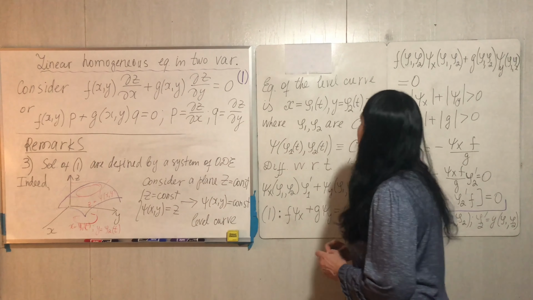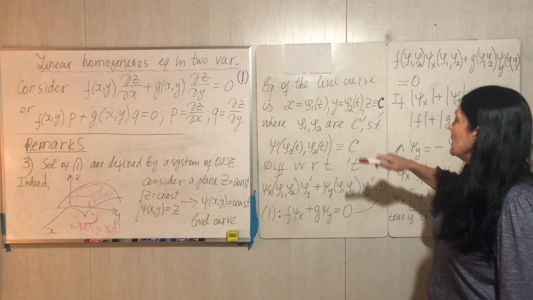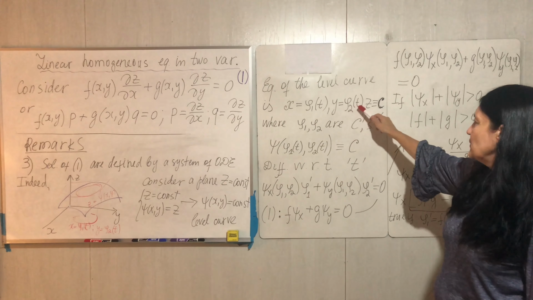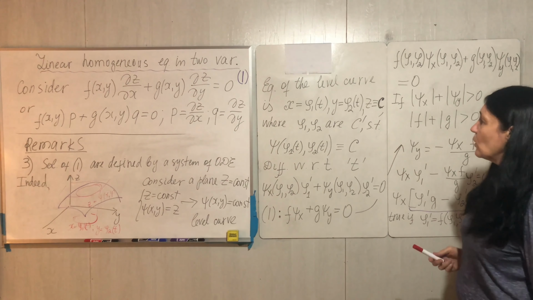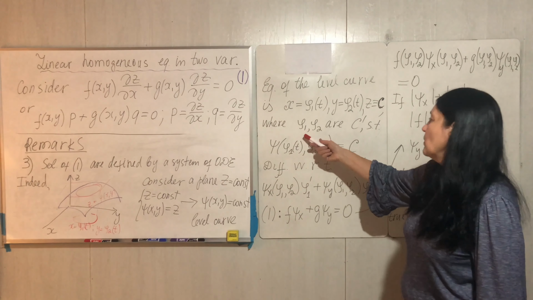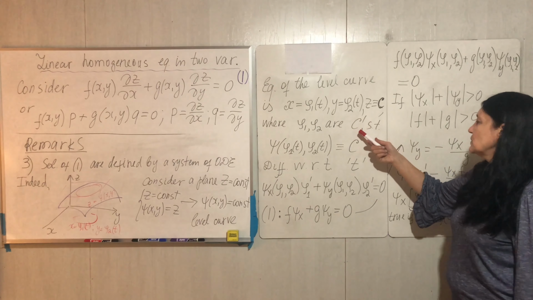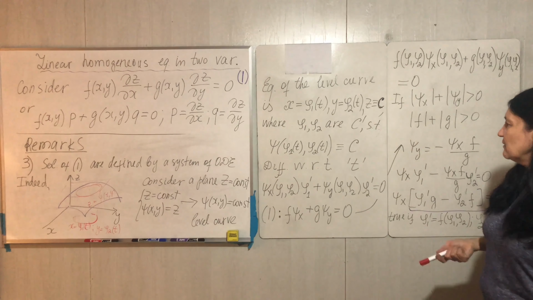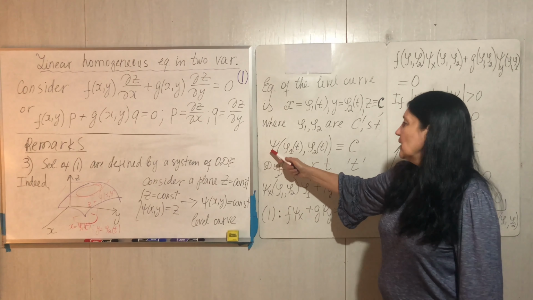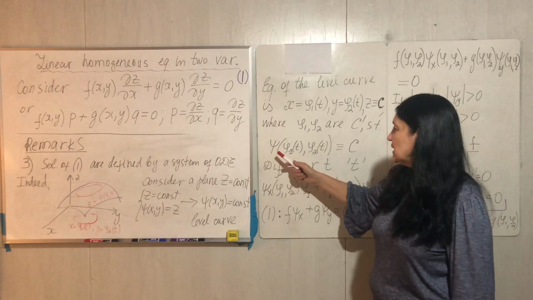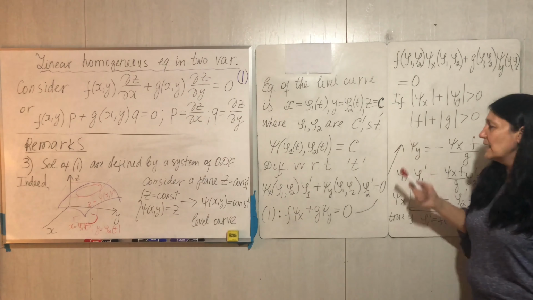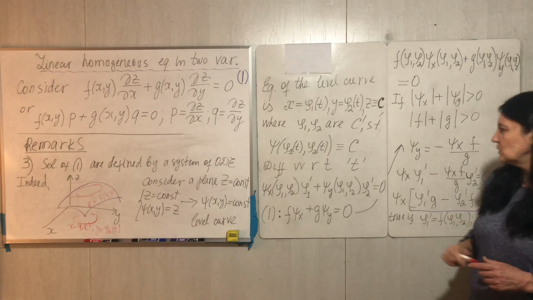So these would be equations of the level curves: x equals phi1 of t, y equals phi2 of t, and z is a constant. Functions phi1 and phi2 are continuous, and their first derivatives are continuous. And those functions are such that when we compute our solution psi on phi1 and phi2, we are getting a constant, right? That's what we explained.